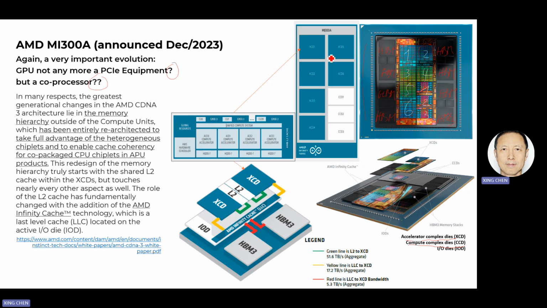Now, this is the logical view of this APU without the memory. So we have the XCD 01, 02, 03, 04, 05, 06, and then you have the CCD 1, 2, 3. You have these compute dies and accelerator complex dies. These are the computing power. Where does this computing power come from? And here is another zoom in of this XCD.